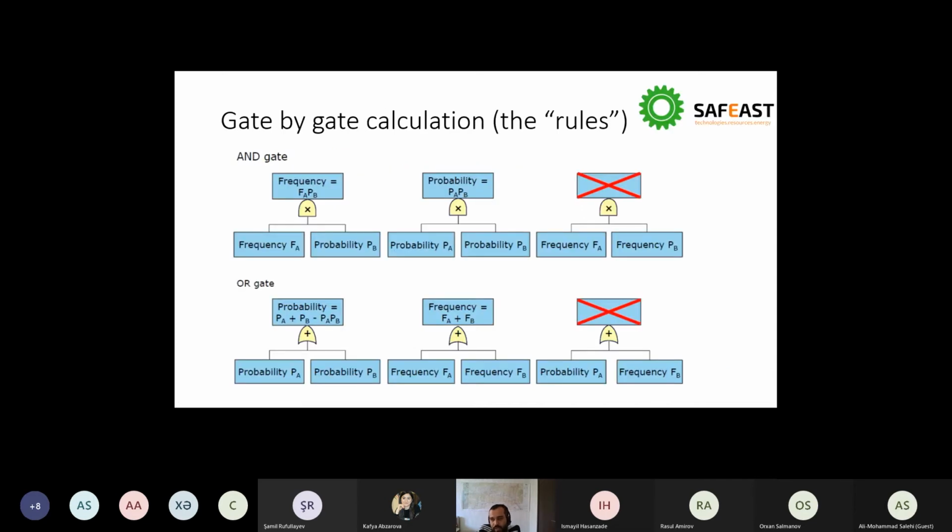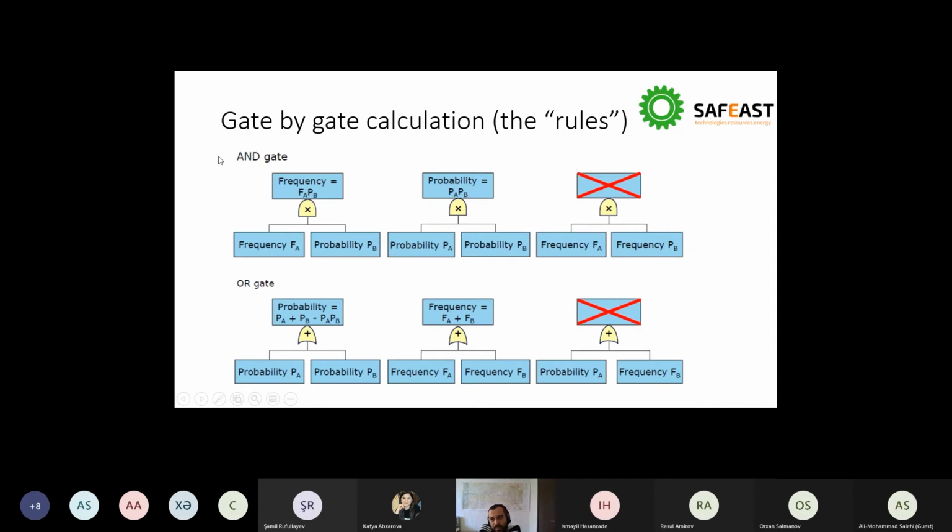And in terms of gate by gate calculation, for an AND gate, frequency times probability will give you a frequency, and probability times probability will give you a probability.